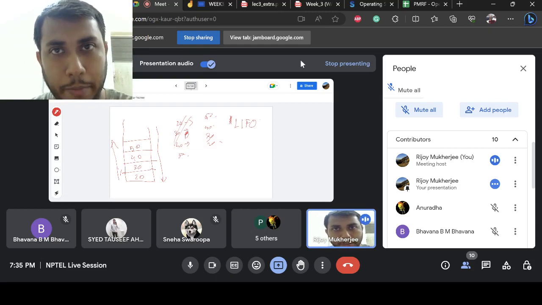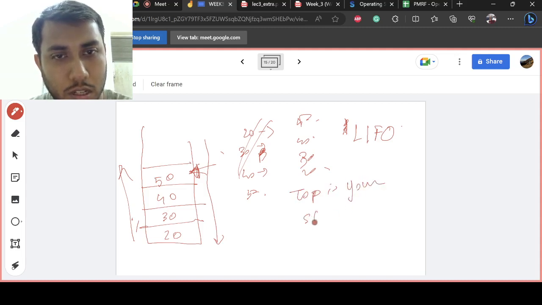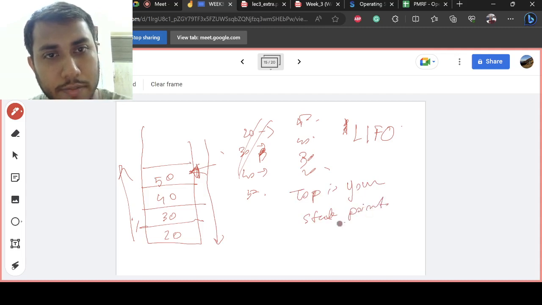So the stack pointer basically maintains the top of the stack.